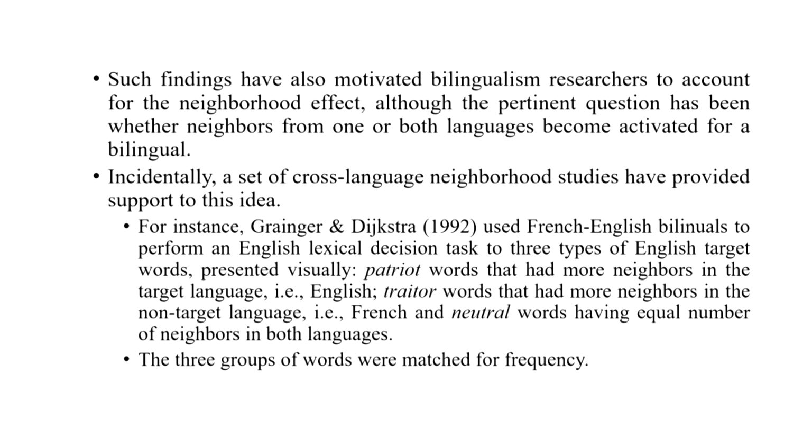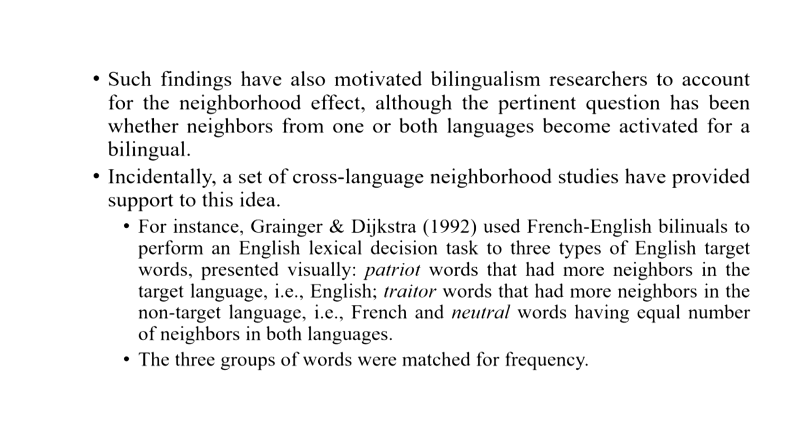Incidentally, a set of cross-language neighborhood studies have provided some insight into this idea. For instance, Grainger and Dijkstra used French-English bilinguals to perform an English lexical decision task on 3 types of English target words: patriot words that had more neighbors in the target language, English; traitor words that had more neighbors in the non-target language, French; and neutral words that had almost the same number of neighbors in both French and English.